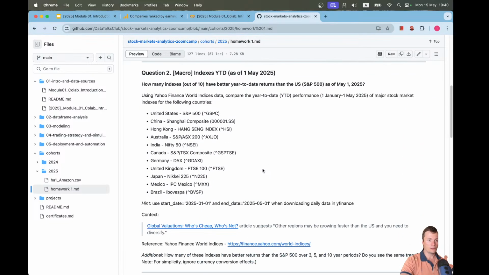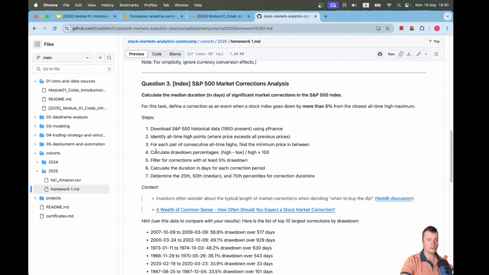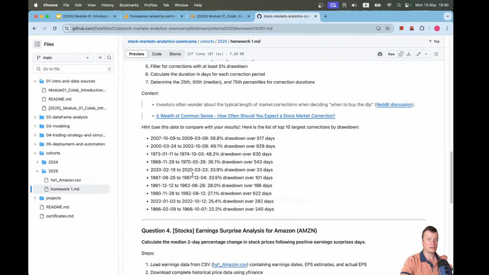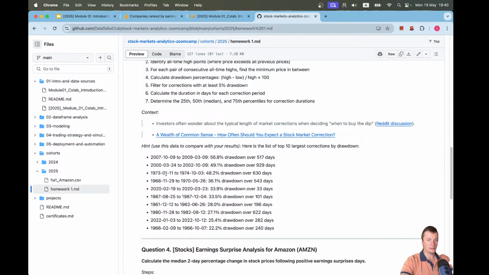So 4 questions, question number 2, number 3, and number 4. Sometimes I make your life easier, so I don't ask you to download data from YFinance to scrape the data. I scraped it already and I added it to the folder, so you just download the CSV and work with the data frame. Or sometimes I provide the part of an answer.